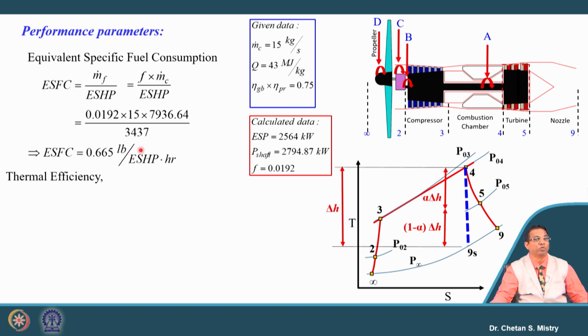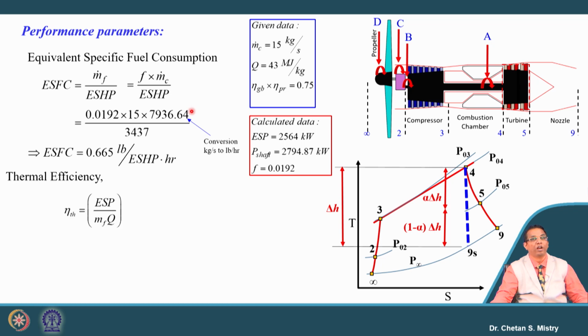So we can do this calculation, that is coming to be 0.665 pounds per ESHP per hour. Be careful here, this core mass flow rate we have converted from kg per second to pounds per hour. So this is a conversion factor.